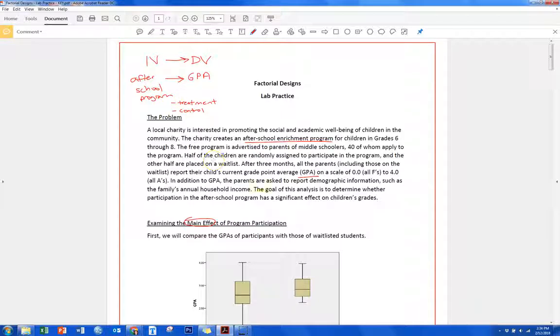So it hasn't been mentioned yet, but we can infer that somewhere later in this assignment, another variable is going to be introduced, and we'll look at how those variables may even interact with each other. But right now, we're interested in the main effect of the first independent variable. So the main effect is the effect of this variable just by itself. Nothing else is being taken into consideration, which is what we have here in this situation.